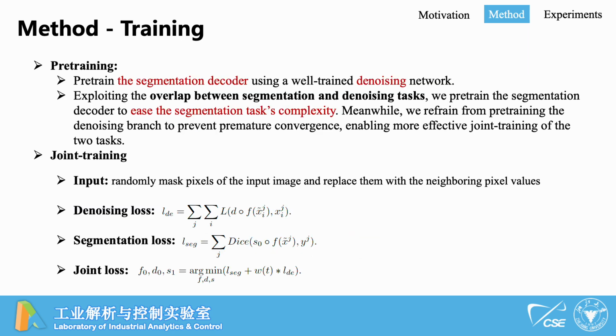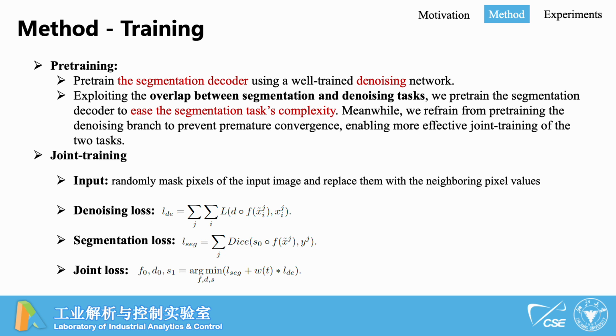Let's elaborate on the training phase. To start our approach, we initialize the model by pre-training the segmentation decoder using a well-trained denoising network. The rationale behind this is to leverage the knowledge gained from the denoising task, exploiting the overlap between segmentation and denoising tasks.